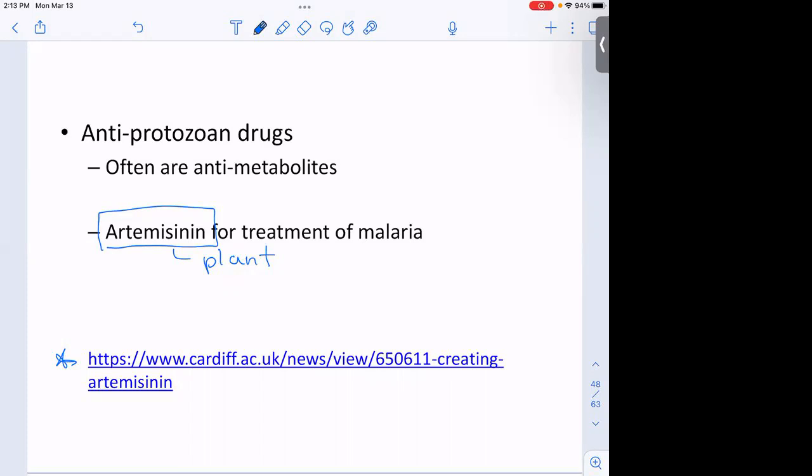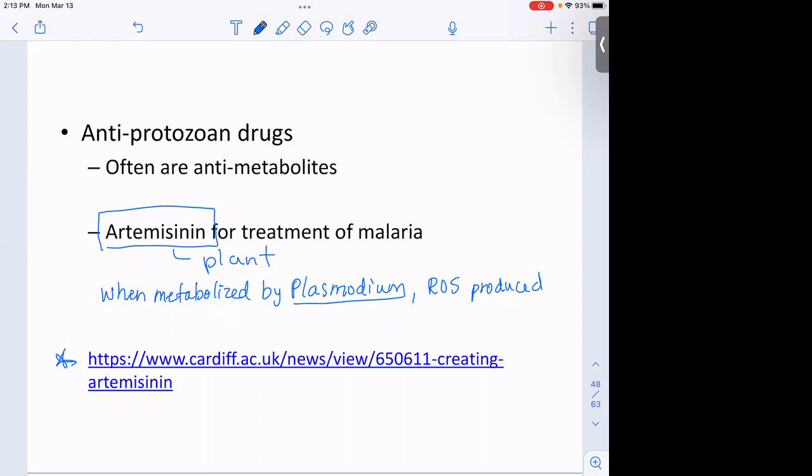All right, so we'll write that: when metabolized by Plasmodium, reactive oxygen species are produced. By reactive oxygen species, I mean things like superoxide or some kind of peroxide.